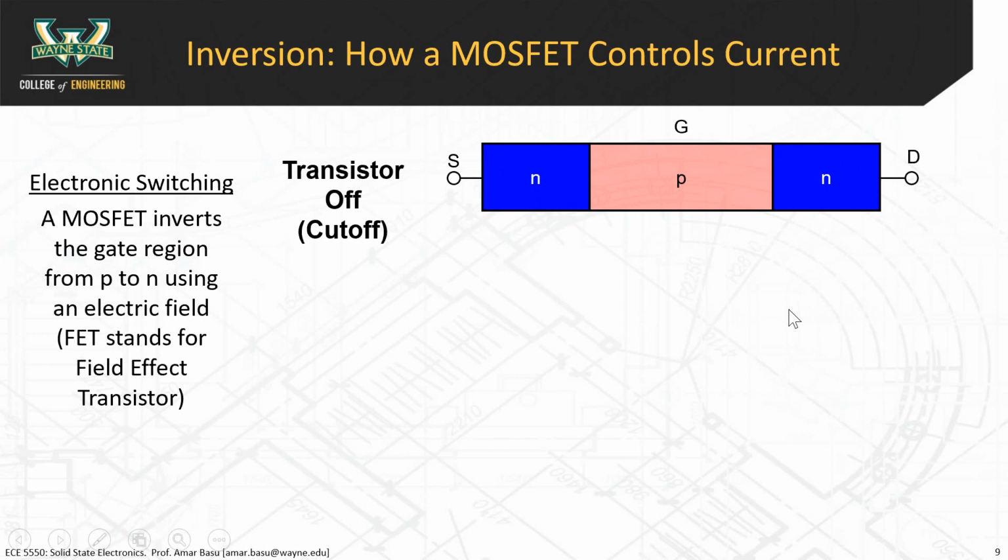This is what a transistor actually looks like when it's off. This is an example of an NMOS device. So the source is an N-type material. The drain is an N-type material. Under the gate region of the transistor, it's a P-type substrate. All right. So let me just say this is an NMOS transistor.